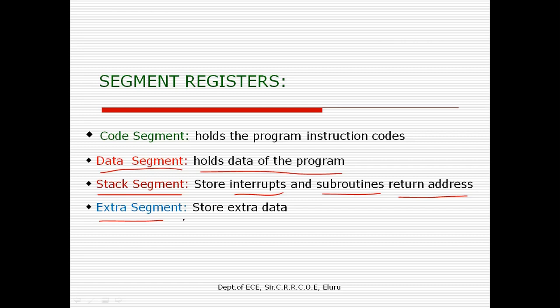Such big or large data can be stored in the extra segment memory. So these are all the 64 kilobyte segment memories: code segment memory, data segment memory, stack segment memory, extra segment memory.